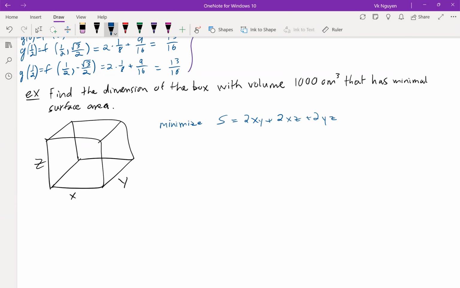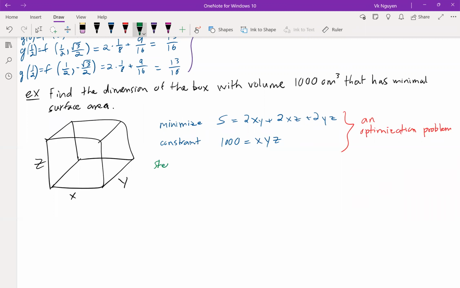And then we have a constraint. The constraint is the volume, so 1000 is xyz.